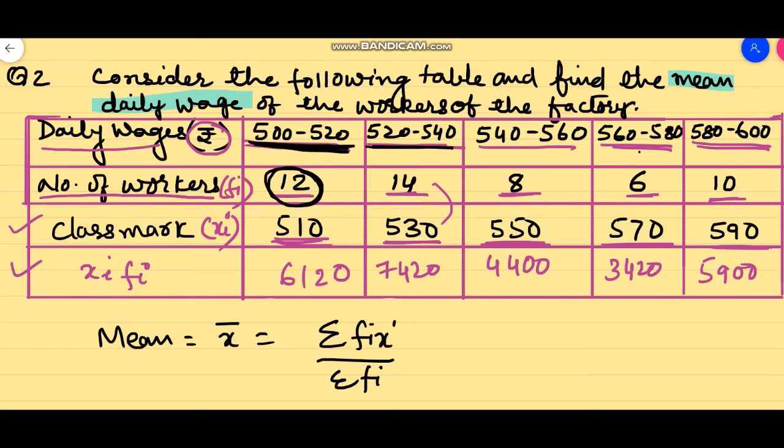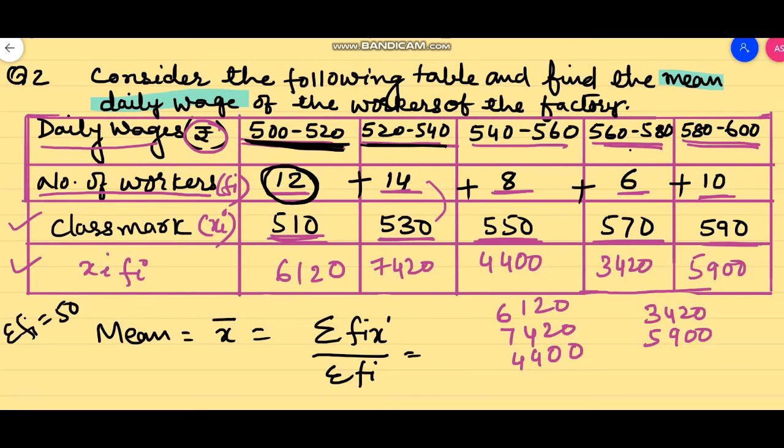Sigma fi means the number of workers. 12 plus 14 is 26, 26 plus 8 is 34, 34 plus 6 is 40 and 40 plus 10 is 50. So your total number of workers, that is sigma fi, is equal to 50. You have to write it here.